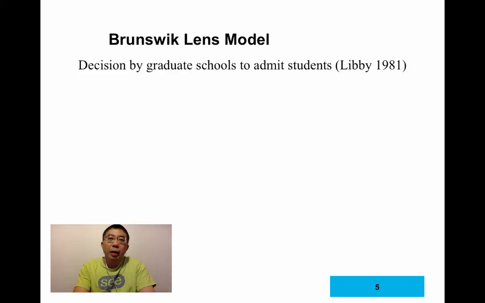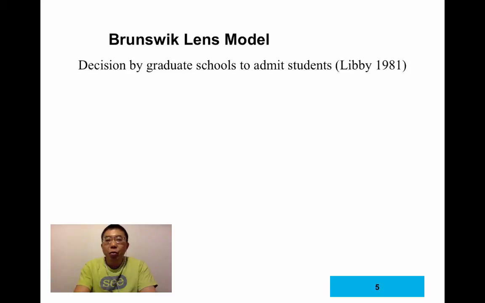Originally, the Brunswick lens model, which was introduced by Libby way back in 1981, studied a different decision process. The decision process was: how do the management of graduate schools, meaning MBA schools or business schools, decide which students to admit into the MBA program so that they have the best possibility of achieving success in their careers?